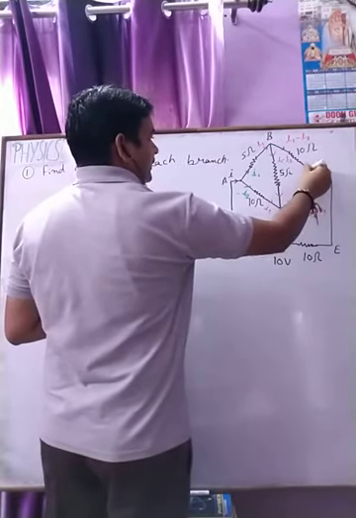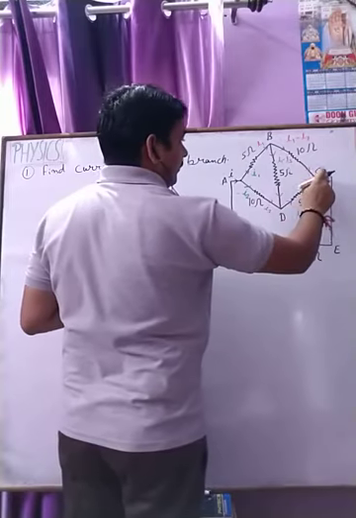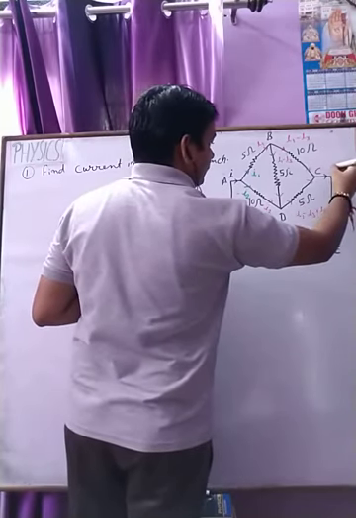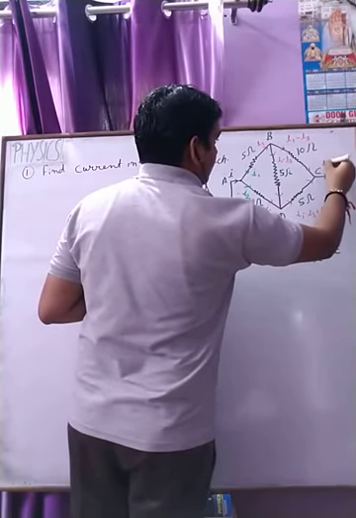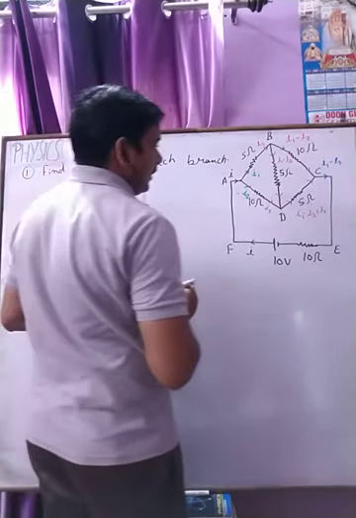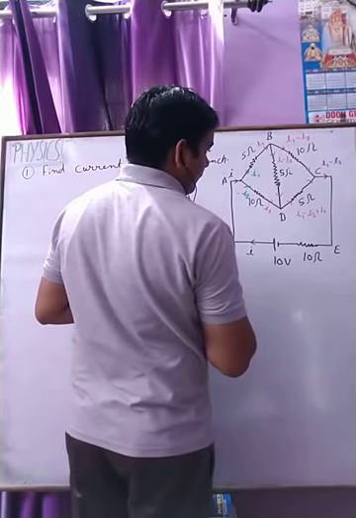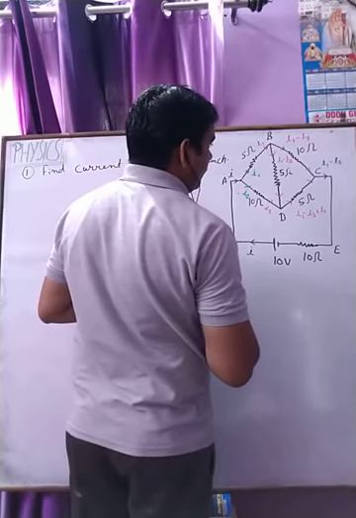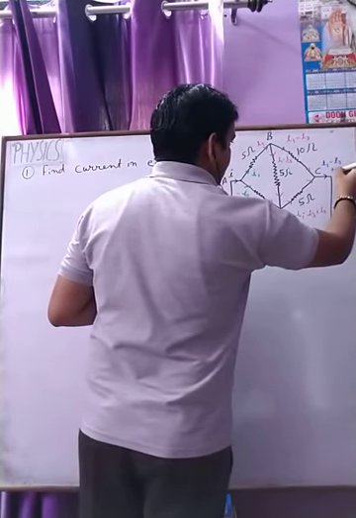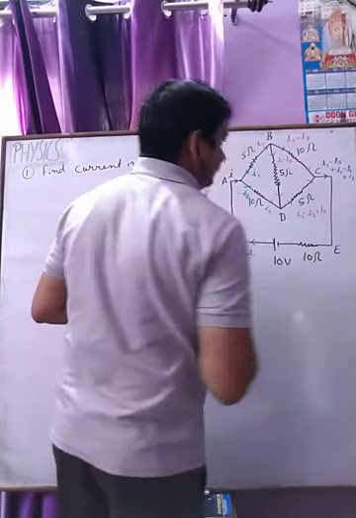When both the currents reach this point, then the whole current is leaving from this point, which is I1 minus I3 plus I1 minus I3 plus I2.